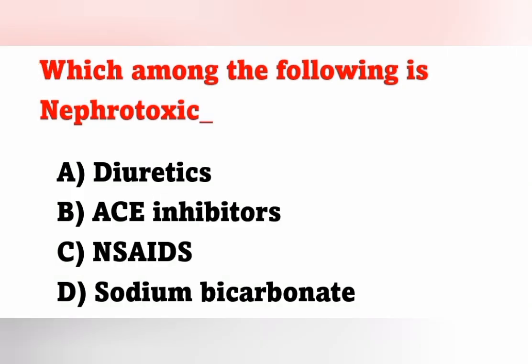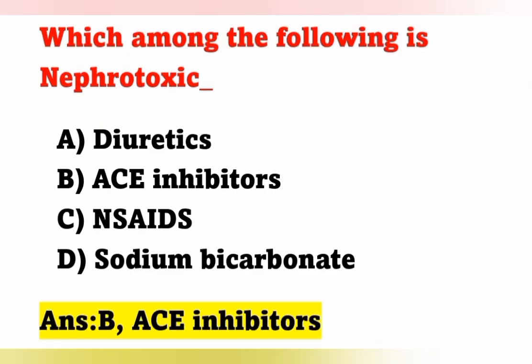Which among the following is nephrotoxic? Options: option A, diuretics; option B, ACE inhibitors; option C, NSAIDs; option D, sodium bicarbonate. Question: which drug is toxic to kidney? And the correct answer is option B, ACE inhibitors.